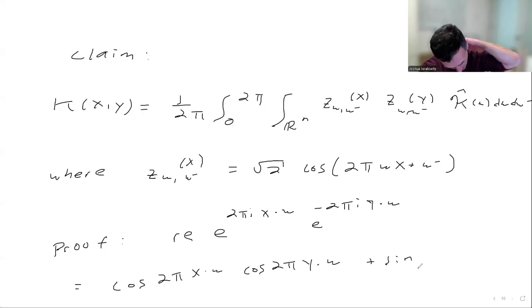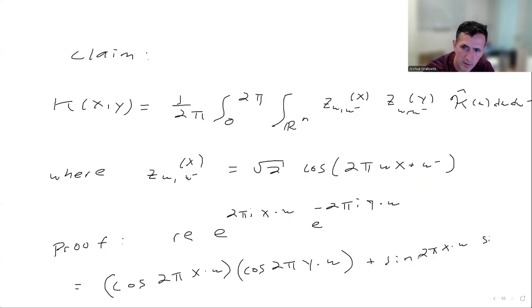What I'm going to do is basically the cosine sum of angles formula with the product, sine 2 pi x omega. So I'm multiplying these two.